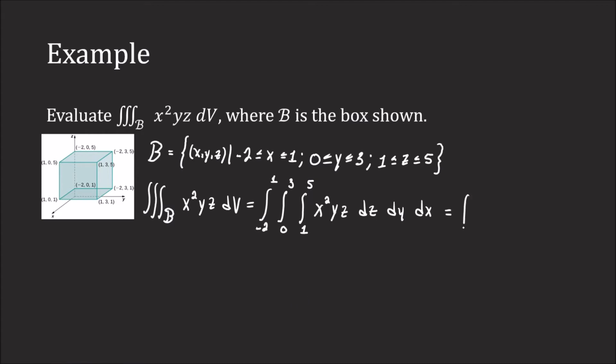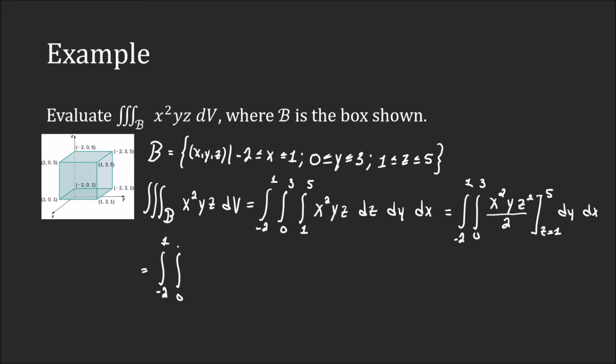So this will be the integral from -2 to 1, integral 0 to 3 of x squared y z squared over 2, evaluated from z equals 1 to 5, dy dx. If we evaluate this out, we'll get the integral from -2 to 1, integral from 0 to 3 of (25 halves minus 1 half) x squared y.